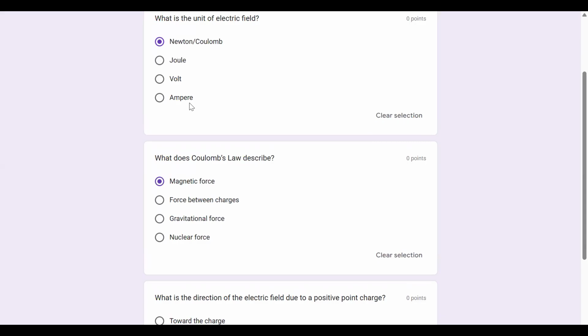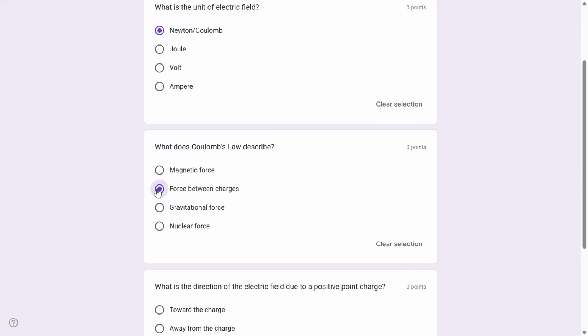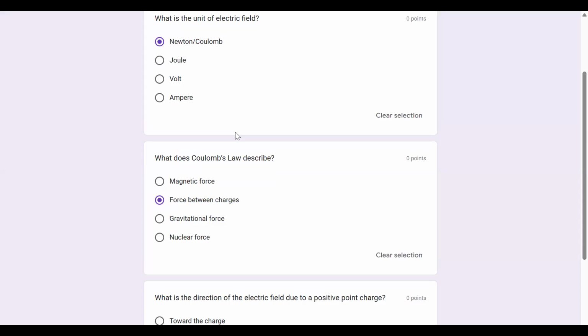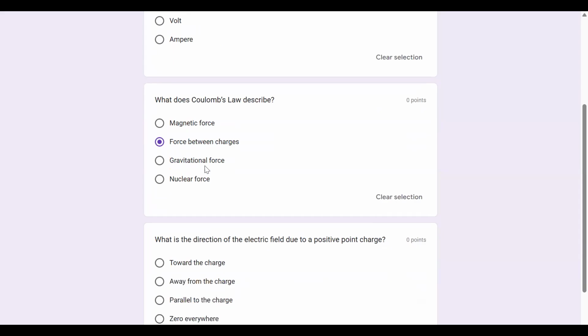A lot of very good responses. Newton's law of gravity describes the force between masses. But Coulomb's law describes the force between the charges. Already we know that F is equal to K into Q1 Q2 by R square.